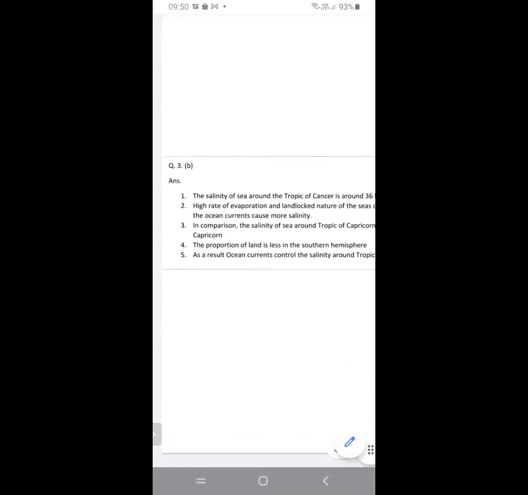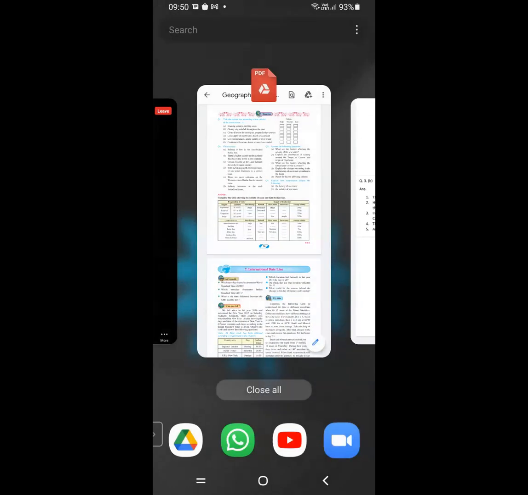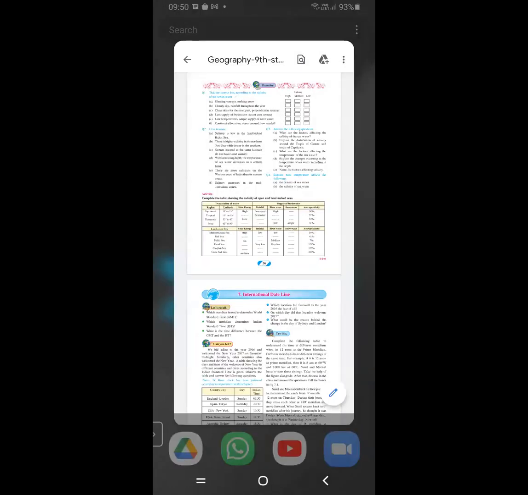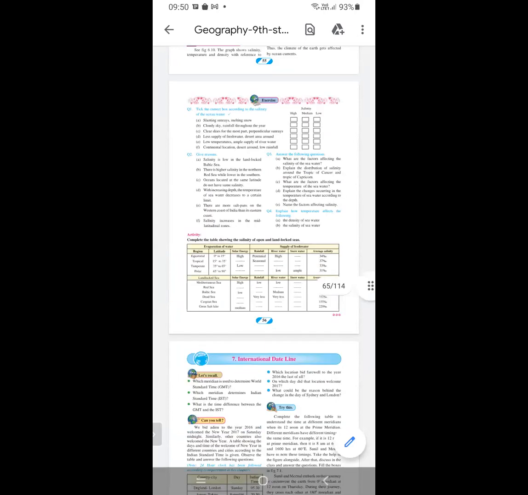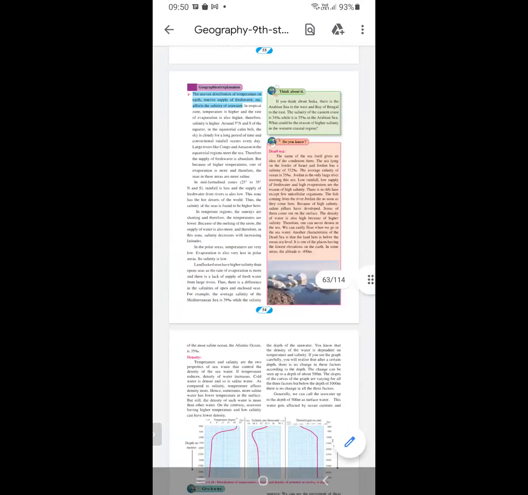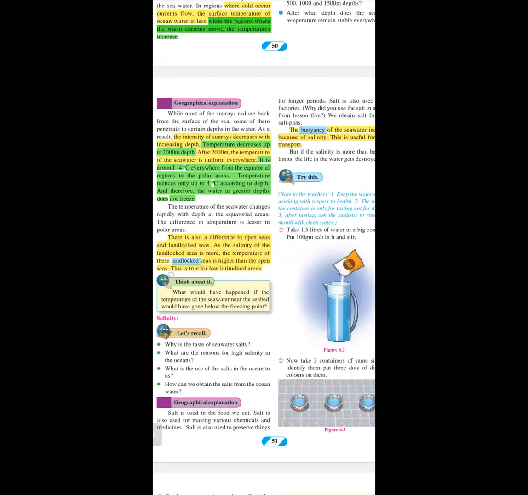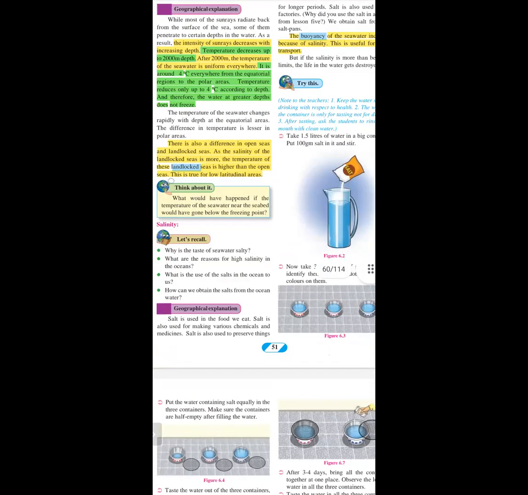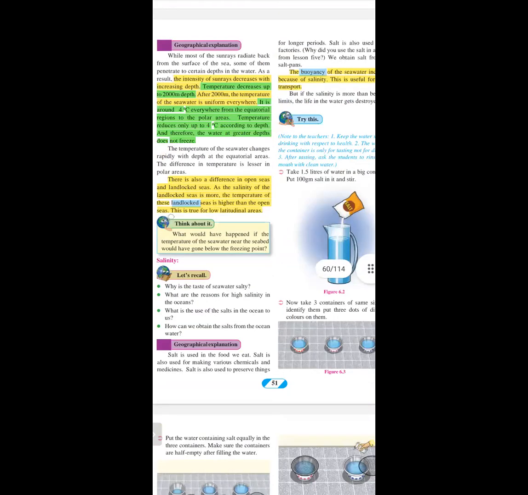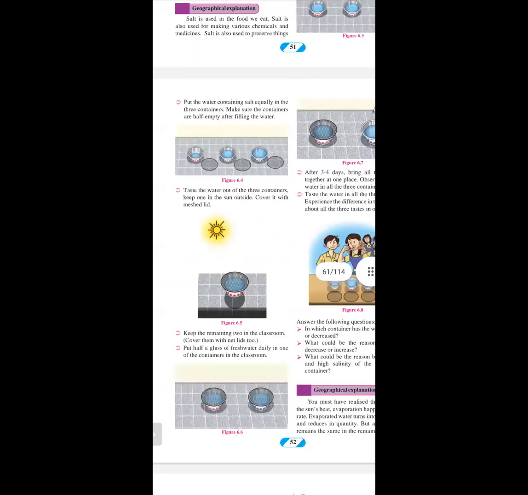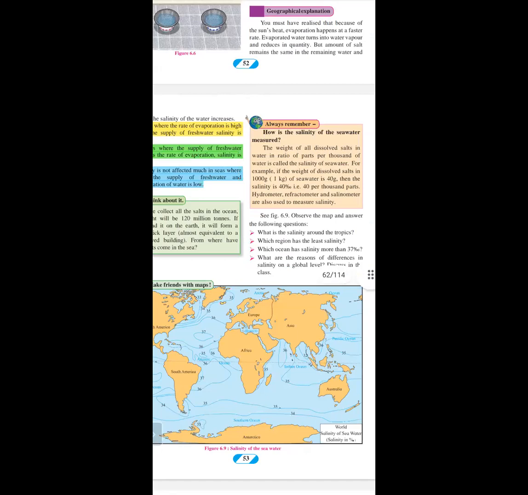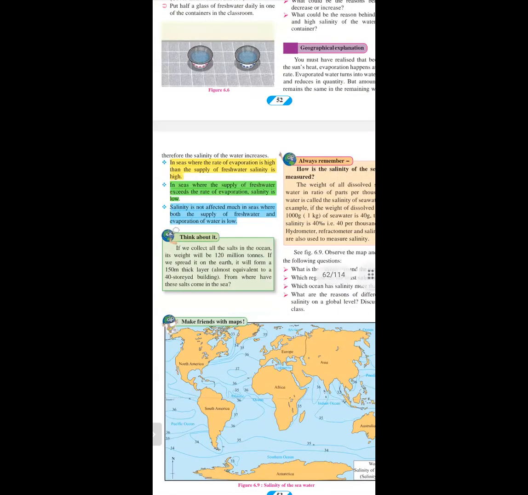Better you turn your textbook to page number 53. These 3 points are more important for this lesson: yellow, green, and blue.